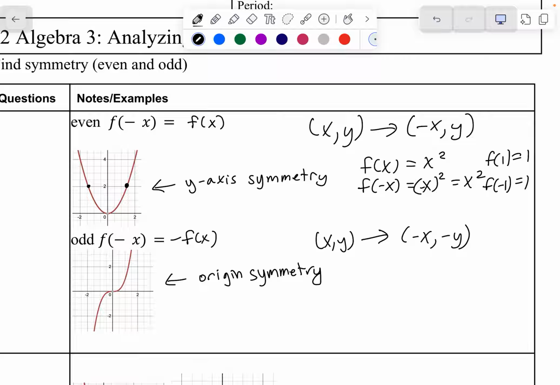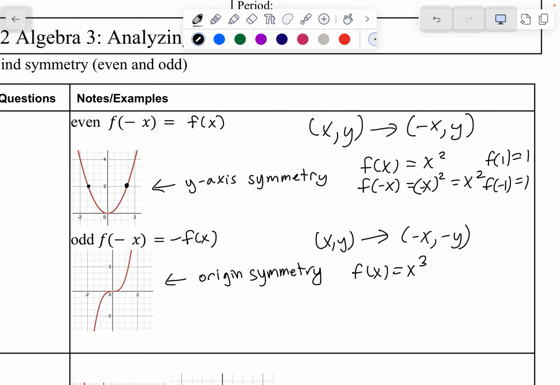Interestingly enough, one example of an odd function, which is the picture I put in, is the cubic function. Now, not all cubic functions and not all quadratics are even or odd. The original parent function, x squared, is even. The x cubed function is odd. As soon as you start adding other terms, it might mess it up.